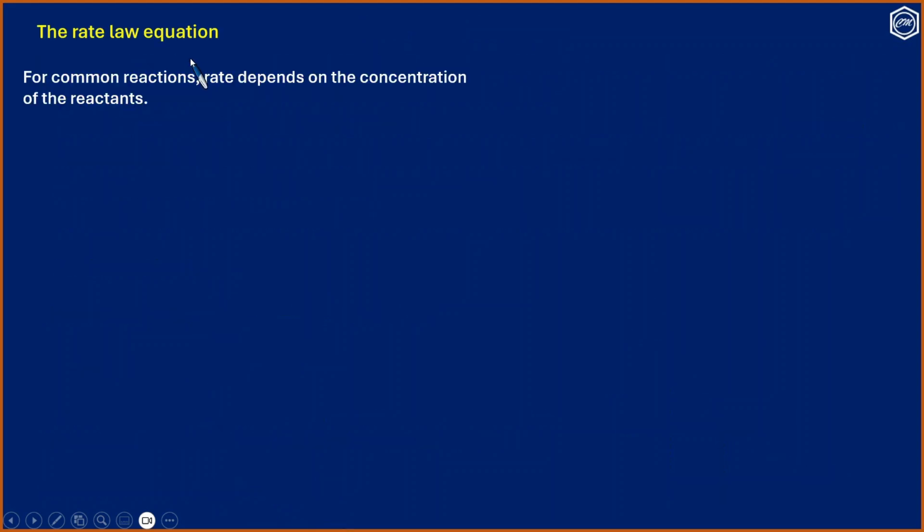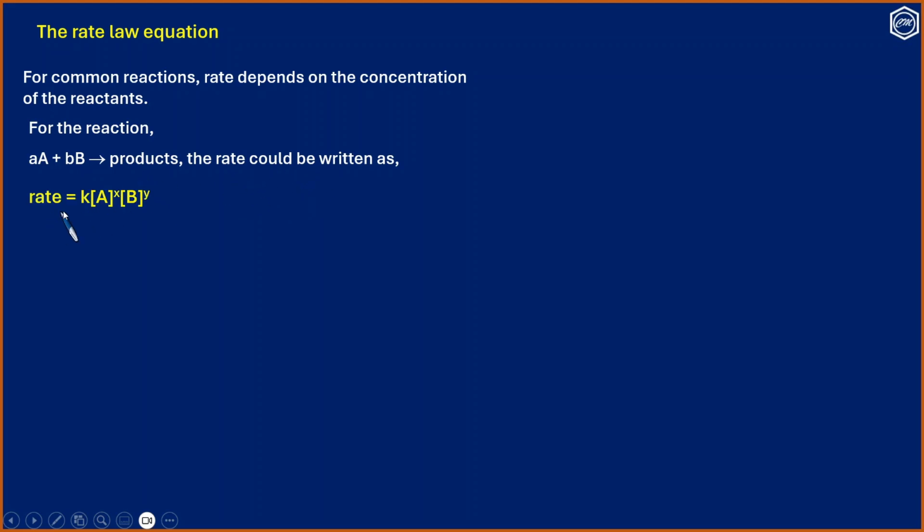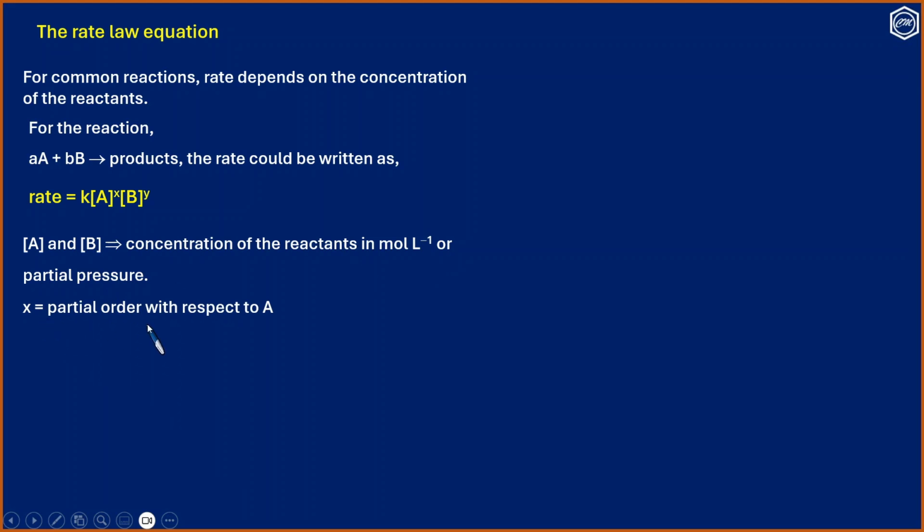The rate law equation. For common reactions, rate depends on the concentration of the reactants. For the reaction a moles of A plus b moles of B giving products, the rate could be written as rate equals k into [A] raised to x, [B] raised to y, where these terms represent the concentration of A and concentration of B, in mole per liter or partial pressure. x is the partial order with respect to A, y is the partial order with respect to B, and the overall order of the reaction n is x plus y.